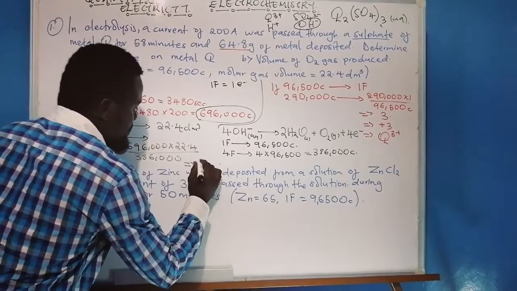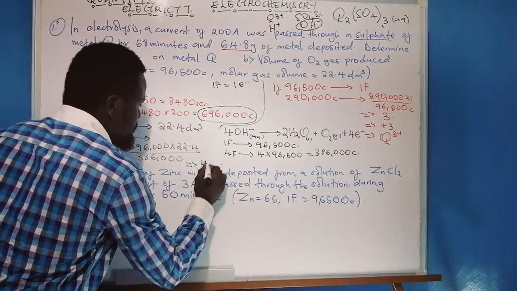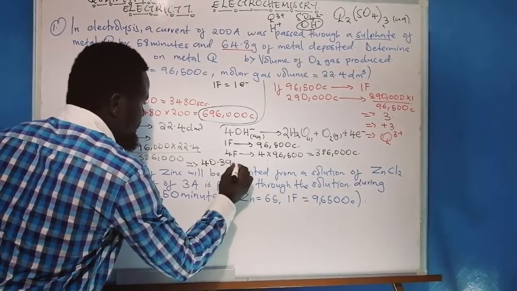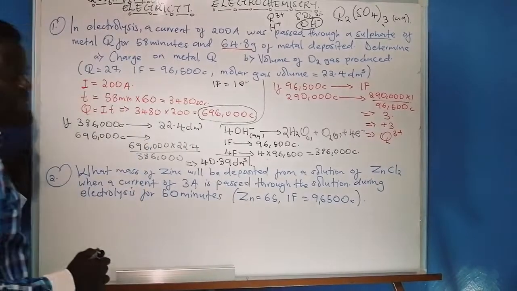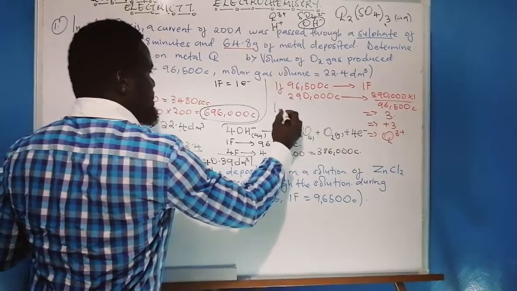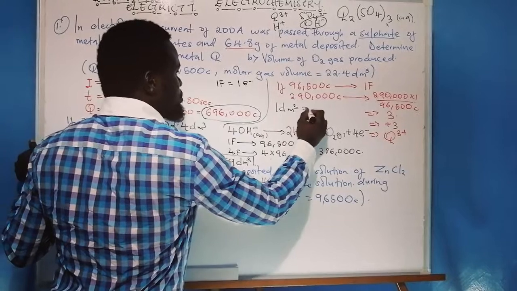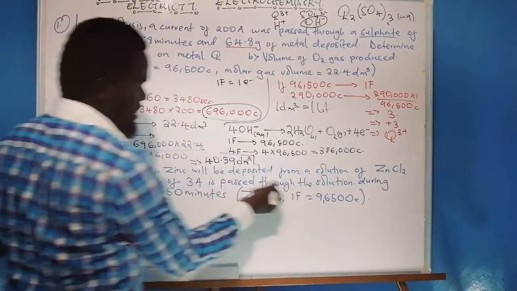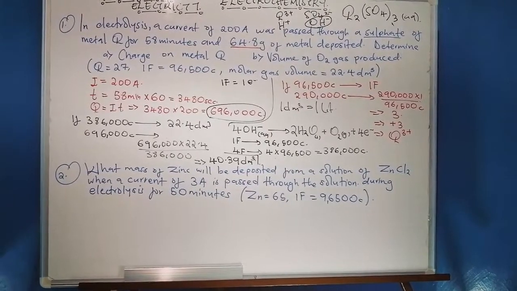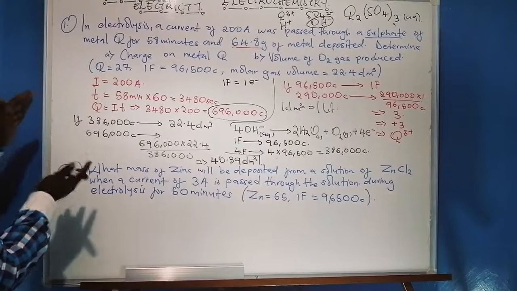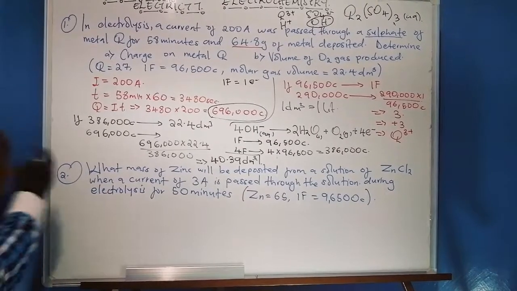So the answer will be 40.39 decimeter cubed. But again, remember, 1 decimeter cube is equal to 1 liter. So I can as well say it is also equivalent to 40.39 liters. And that is how simply we can approach question 1.